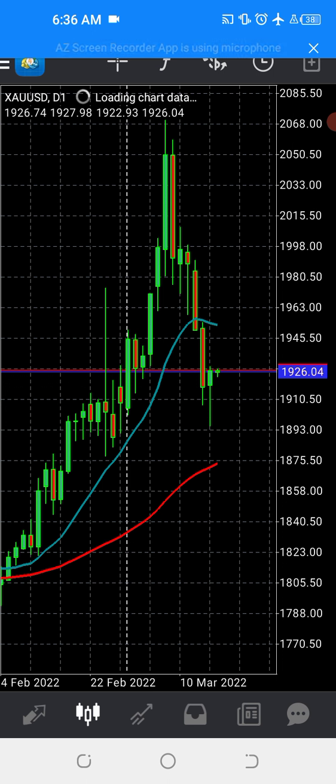So like I said, there are two types of candlesticks. One of them is the bullish candle and the other one is the bearish candle.